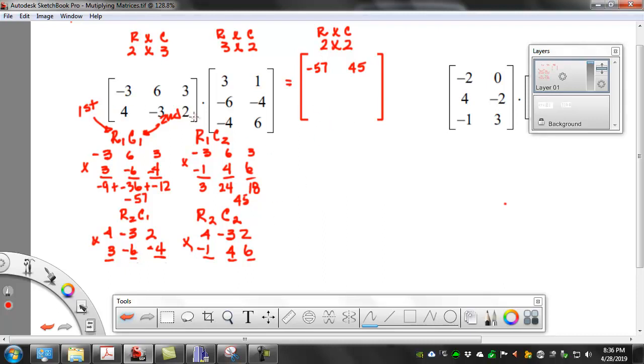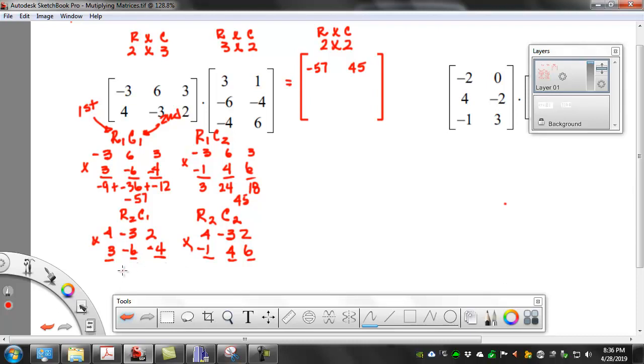So I take my second row. You see where I put my second row in here? 4, negative 3, 2. Now I'm going to take my first column from this second matrix. I'm going to lay it down. First element goes to first element. Second element goes to second element. Third element goes to the third number. So 4 times 3 gives me a 12.